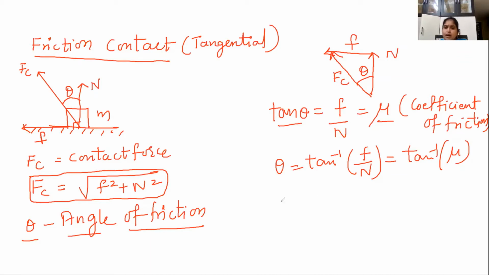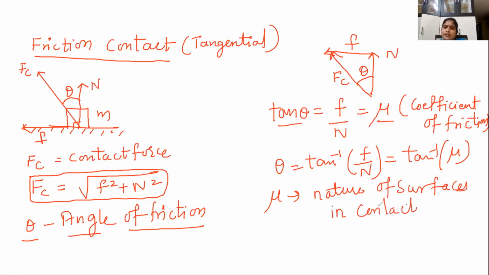And mu, the coefficient of friction, depends on the nature of the surfaces in contact.